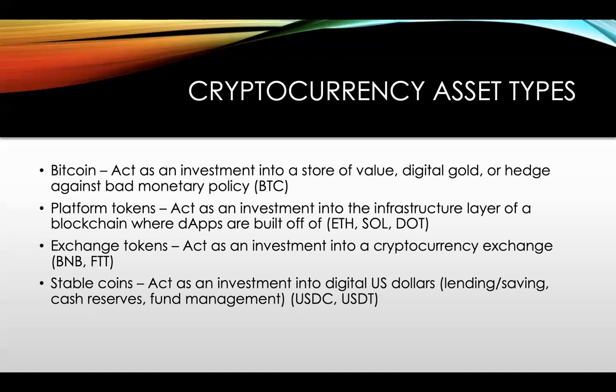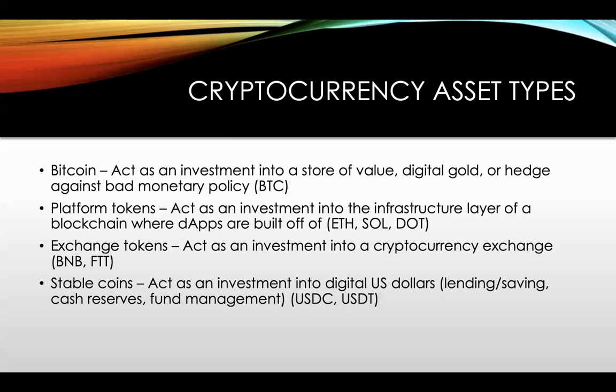Now, what that means is the platform token, the thing you're actually going to invest in, is not the blockchain, but something like ETH. So that's the native cryptocurrency for the Ethereum blockchain. And the way that that's used on the blockchain is people that have applications on the blockchain have to use Ethereum to transact. To use their application, you have to transact with Ethereum.